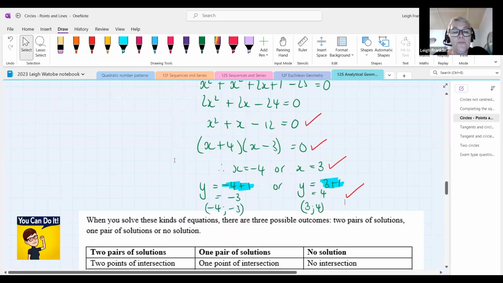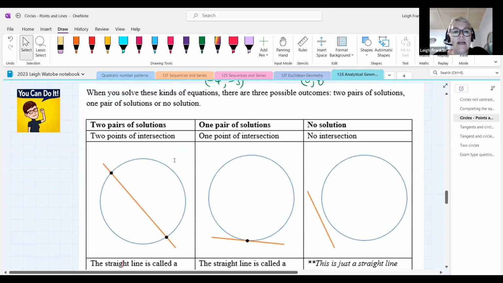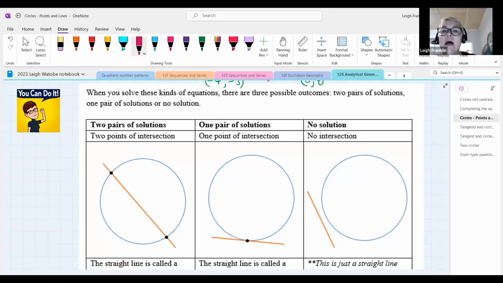So what's important for us to note is that when you are solving these sorts of equations, there are 3 possible outcomes that you can get. Either you end up with 2 pairs of solutions like we did now in this example, or you end up with 1 pair of solutions, or you end up with no solution at all.